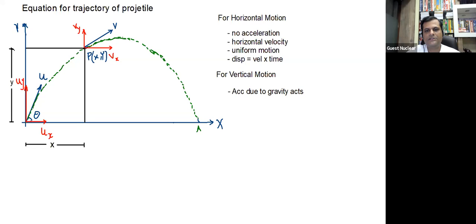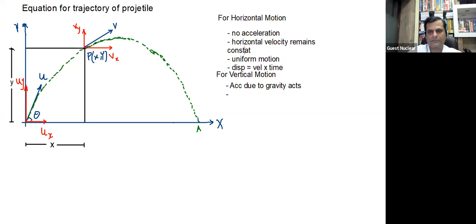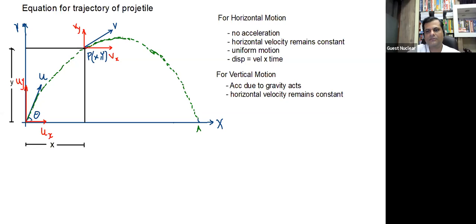Okay, what else? What else can we see here? In horizontal motion we saw that the horizontal velocity remains constant. Okay, but in this case, if we see carefully, the vertical velocity in case of the vertical motion doesn't remain constant.